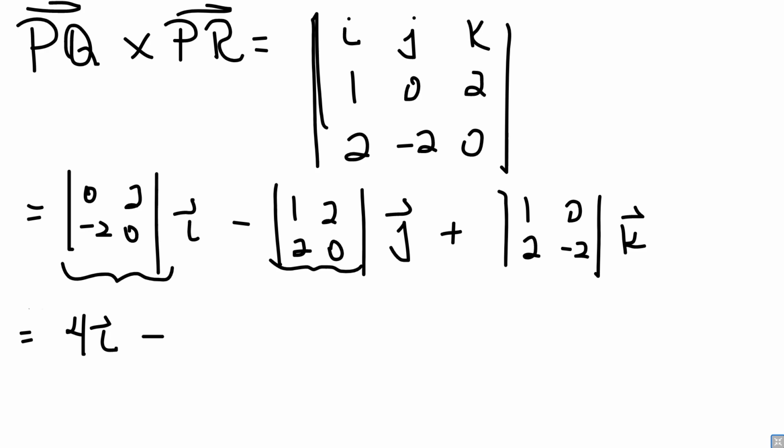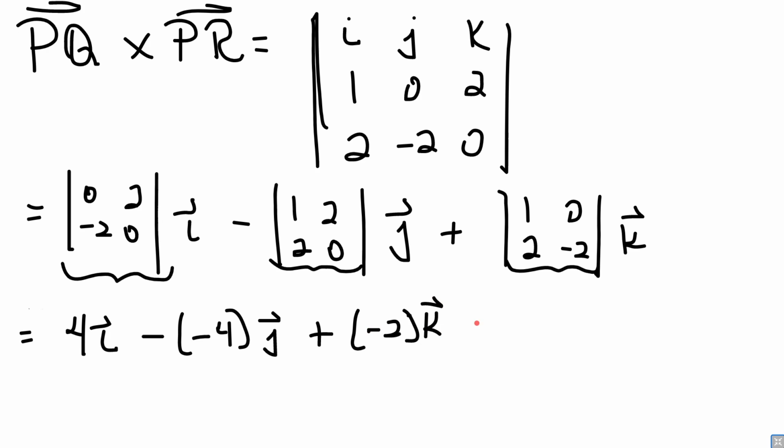Careful. Yes, it's going to be -4 in the j direction, plus, and then what value do we get here? -2. Yes. And oops, in the k direction. So I'm just going to clean this up. So it's going to be 4 in the i direction plus 4 in the j direction minus 2 in the k direction.